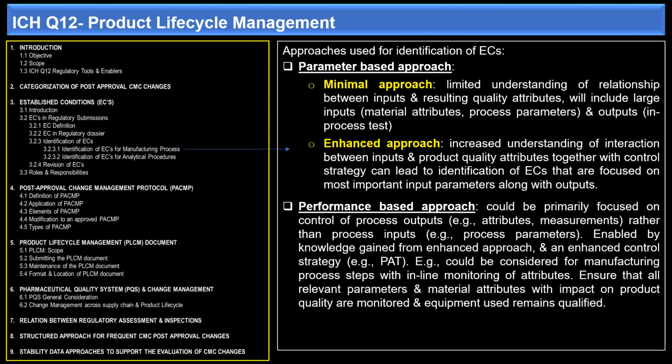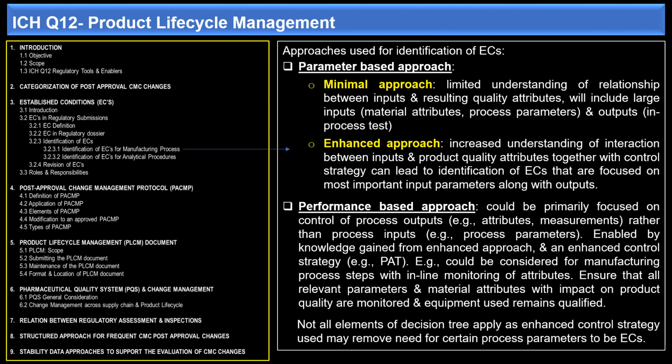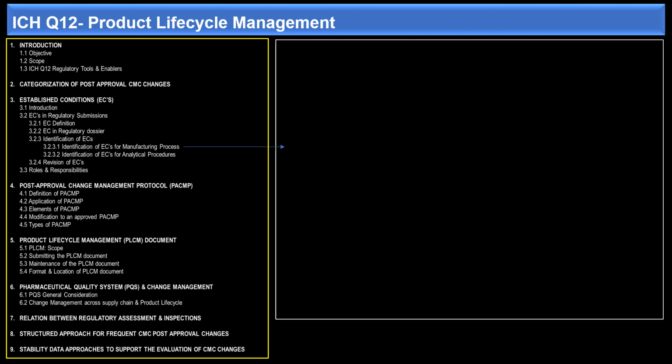It ensures that all relevant parameters and material attributes with impact on product quality are monitored and equipment used remains qualified. Not all elements of the decision tree apply, as the enhanced control strategy used may remove the need for certain process parameters to be ECs.